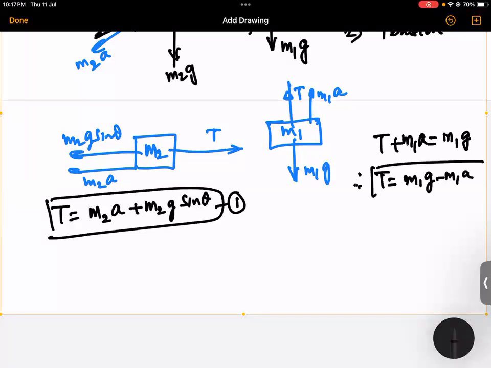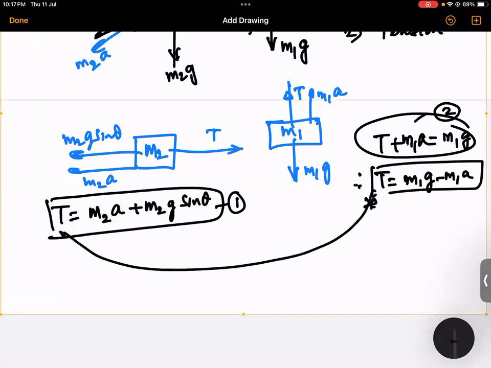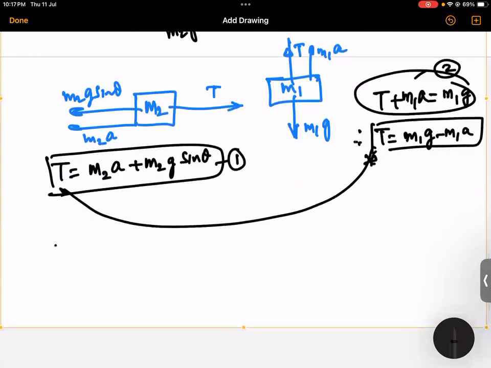This is your tension. Now put this value of T in the first equation. So what you shall get: M1g minus M1a equal to M2a plus M2g sin theta.